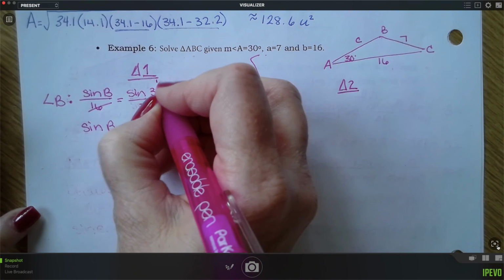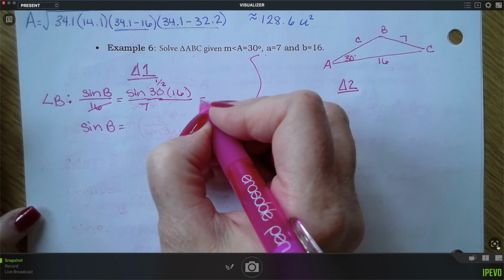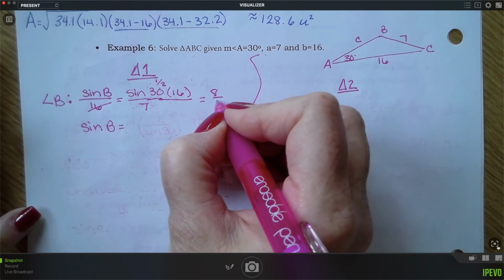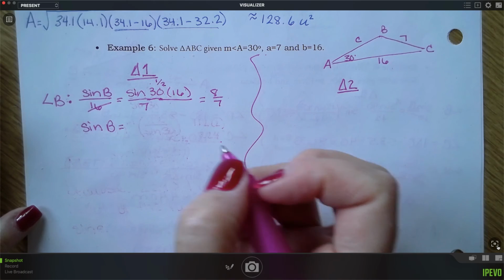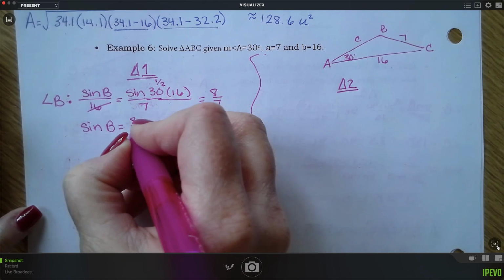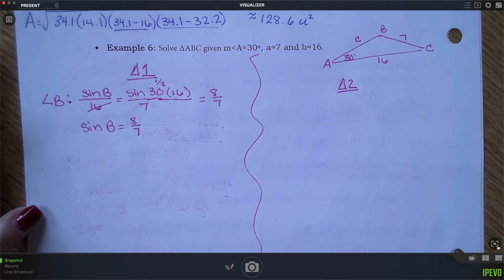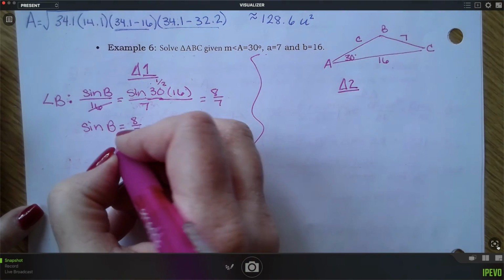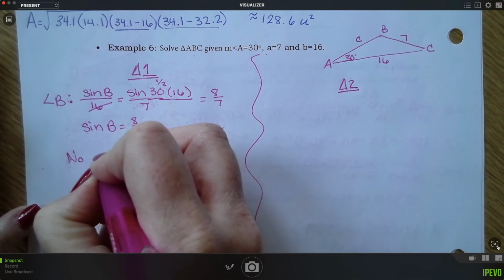Yeah. So 8 over 7. So the sine of B is 8 over 7. That's still bigger than 1. So is there a triangle? No. Yeah, lucky this time. So it's no triangle.